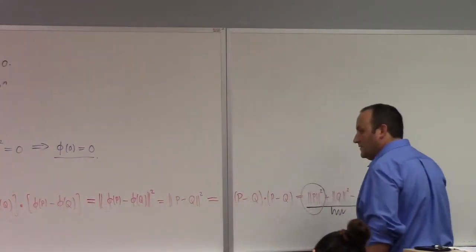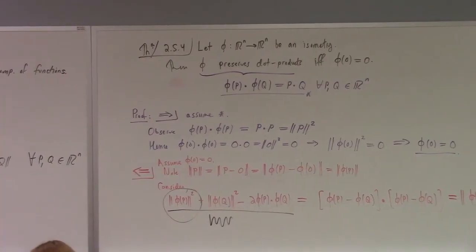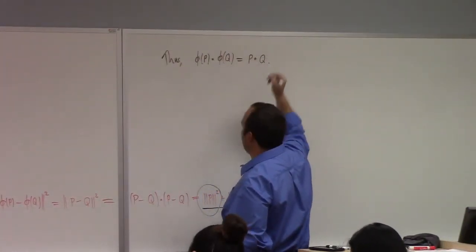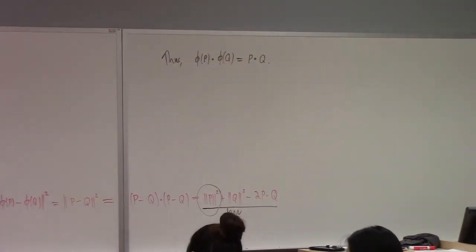And so therefore, thus, phi of p dot phi of q is equal to p dot q. Right, because we got a minus 2 on both of them. So there you go. We have proved that if the origin is fixed, likewise the dot product is fixed by an isometry.